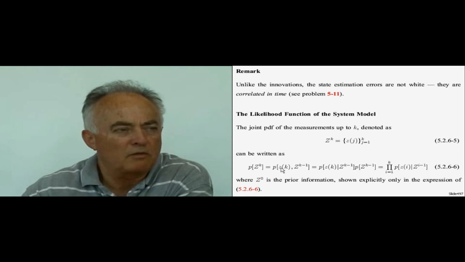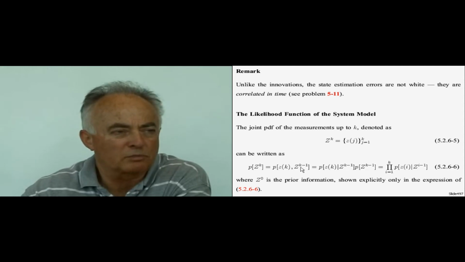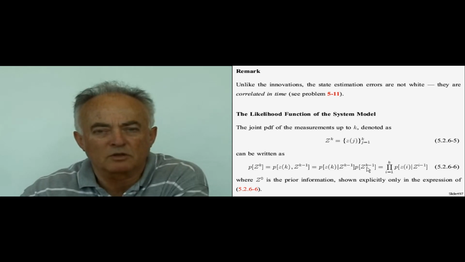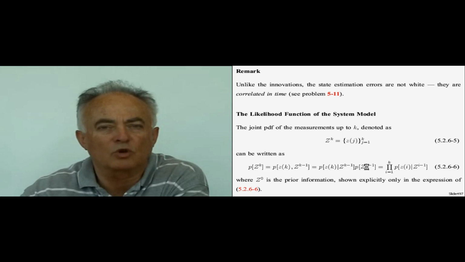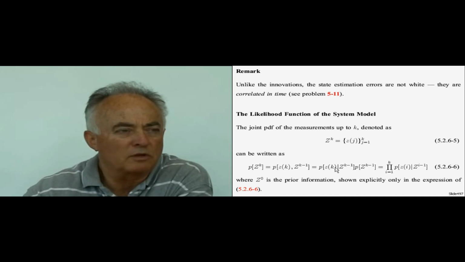Because this is a PDF of two random variables, each might be a large vector perhaps, it can be written as the PDF of the first given the second times the PDF of the second, based on the standard definition of the conditional probability density.